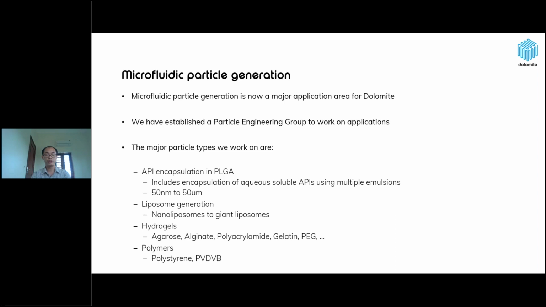We also work on liposome generation, from nano liposomes to micron-sized liposomes. And we work on hydrogels, for example agarose, alginate, polyacrylamide, gelatin, or PEGs. We also work with polymer beads like polystyrene or PVDF.